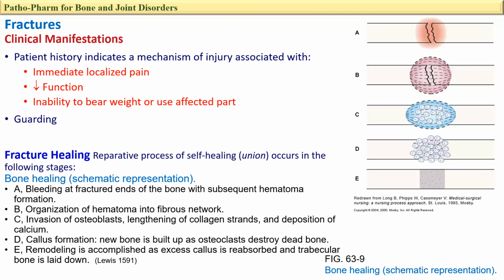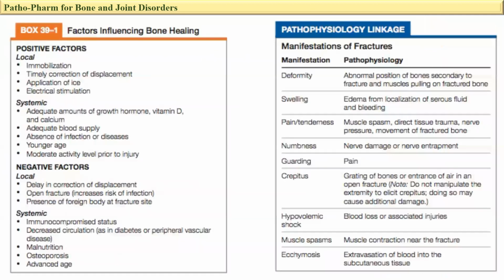Then after that, callus formation, the build up of the osteoclast, and then the last one is remodeling. These are factors influencing bone healing, positive factors versus the negative factors, and the manifestations of fractures.